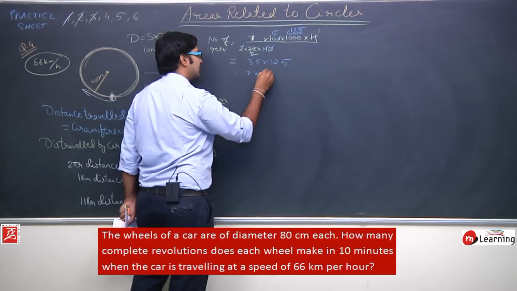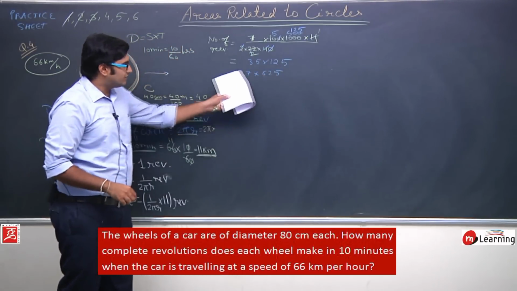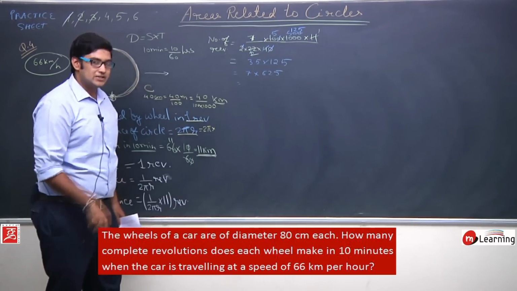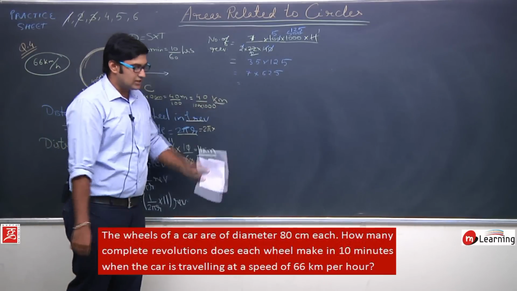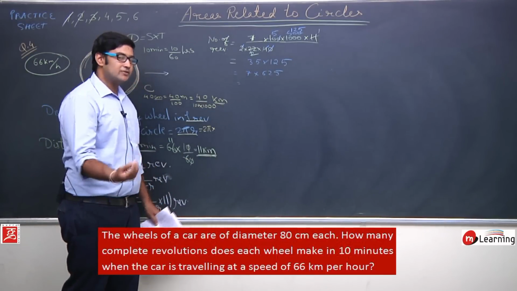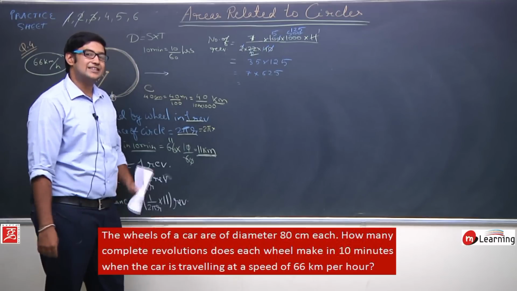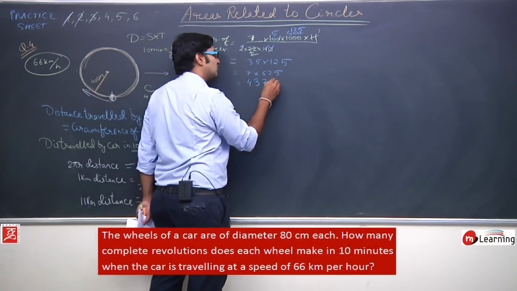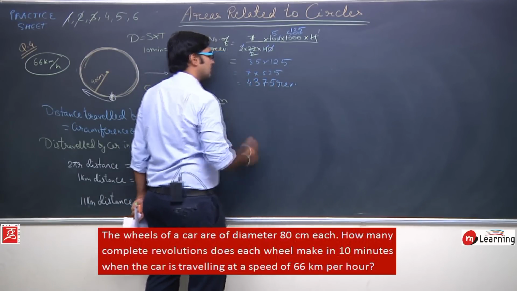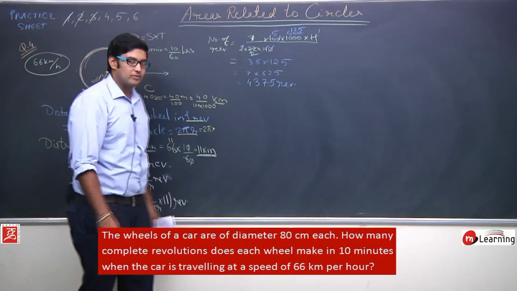It is 7 into 625. So 7 6s are 42, 4200, then 7 2s are 14, 4200 plus 140 will give you 4340, then 7 5s are 35, and plus 35 will give you 4375. So 4375 revolutions the wheel will make when the car travels for 11 kilometers.